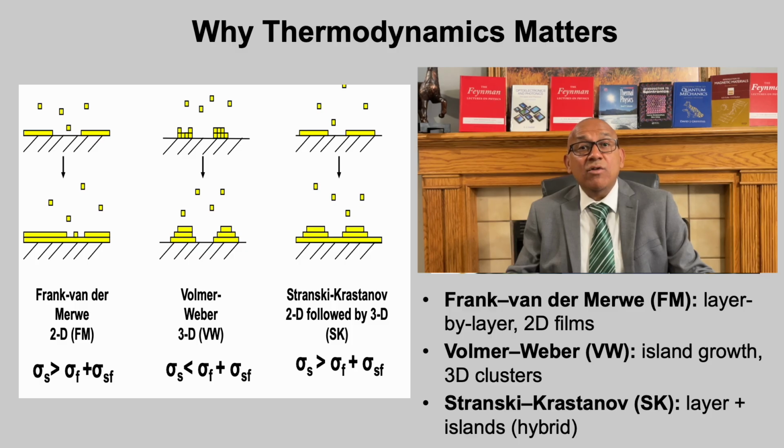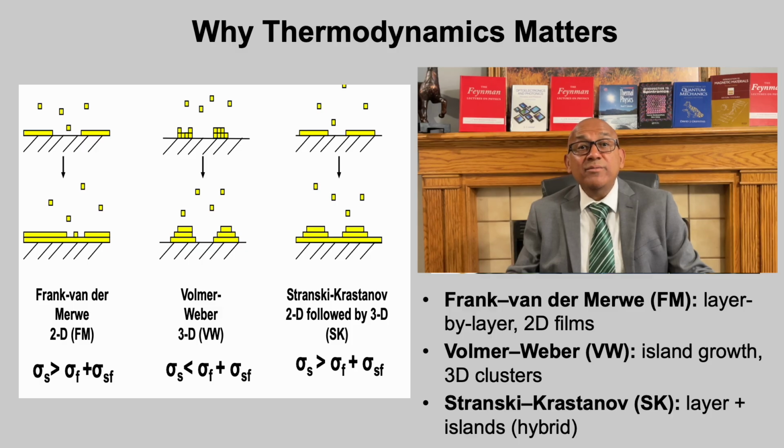In the Frank-van der Merwe growth mode, when the substrate surface energy is greater than the sum of the film and interfacial energies, that is, sigma S is greater than sigma F plus sigma SF, atoms spread uniformly across the substrate. This produces smooth, layer-by-layer films.